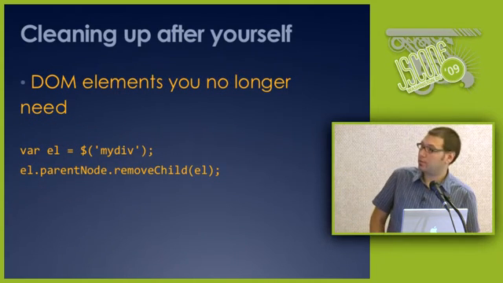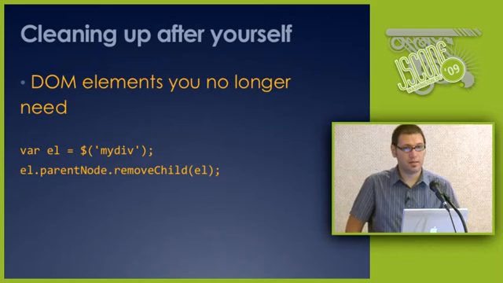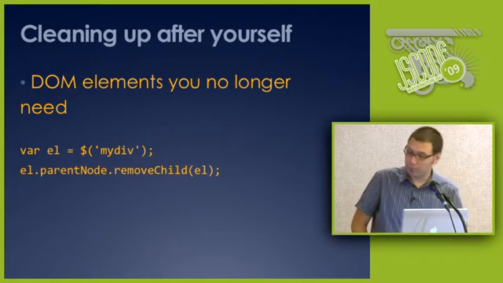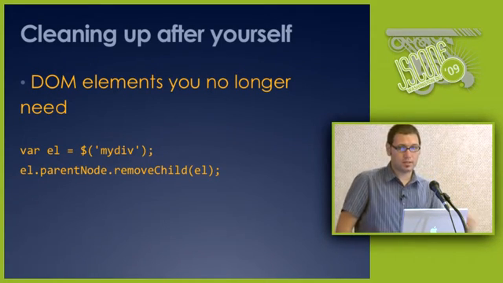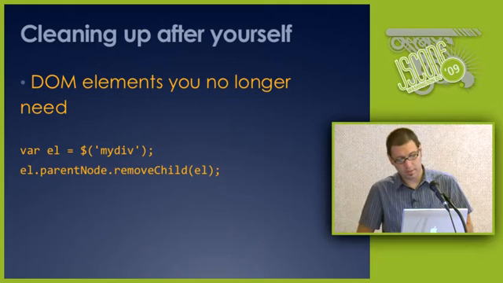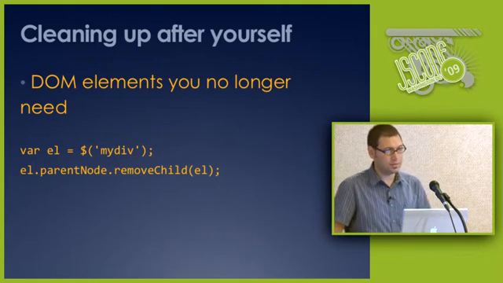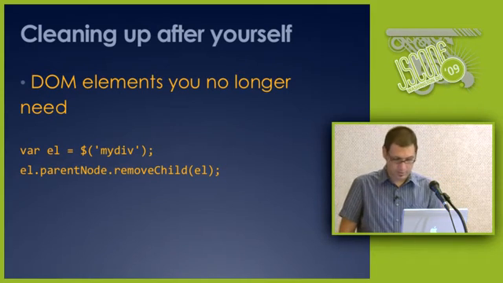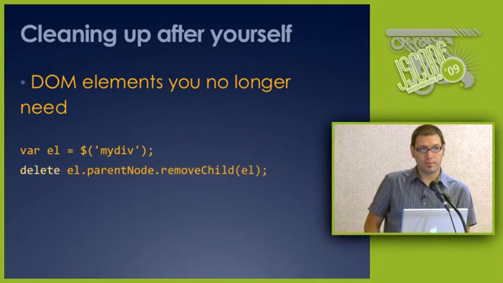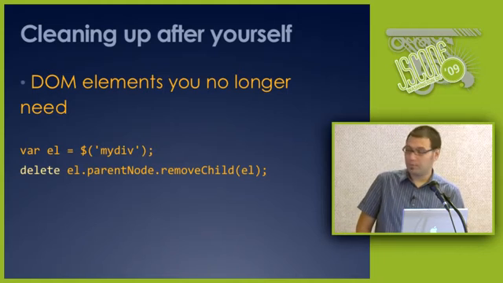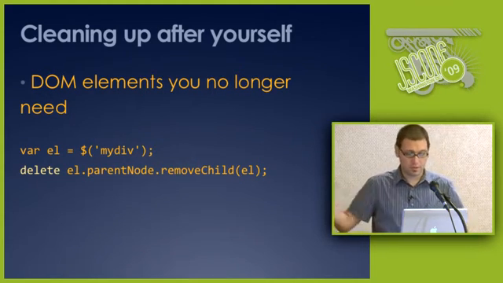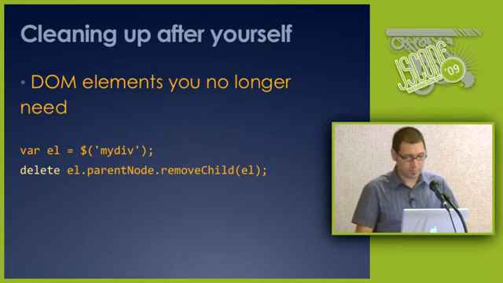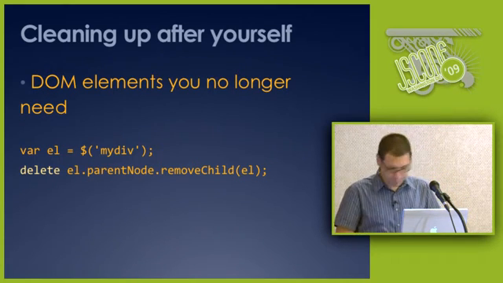When you remove a DOM element, the removeChild method returns a reference to the removed element, but in most cases you don't need that, so why have it lying around? The better way to remove nodes is to prepend the call with the delete operator. As soon as the child is removed, you also delete the reference to it. You no longer need that.